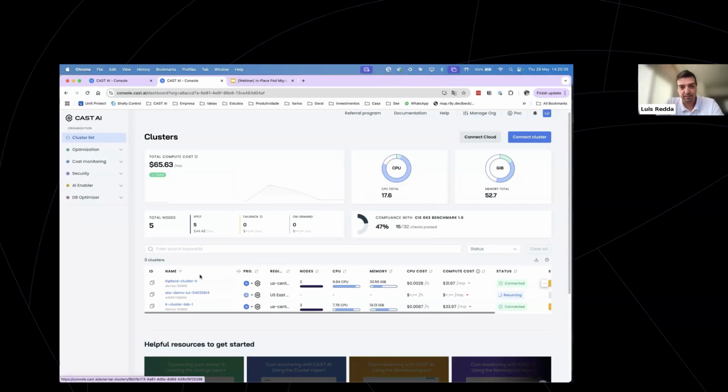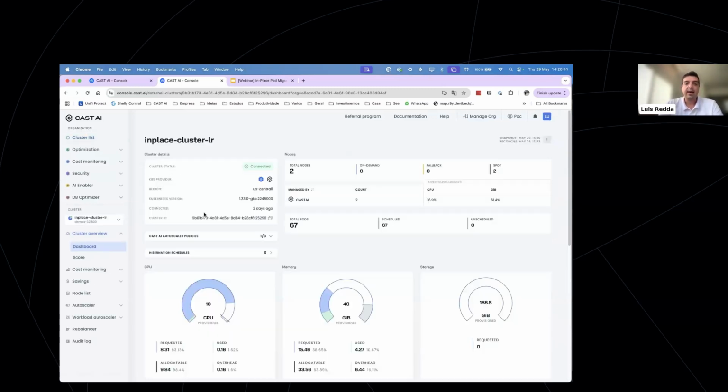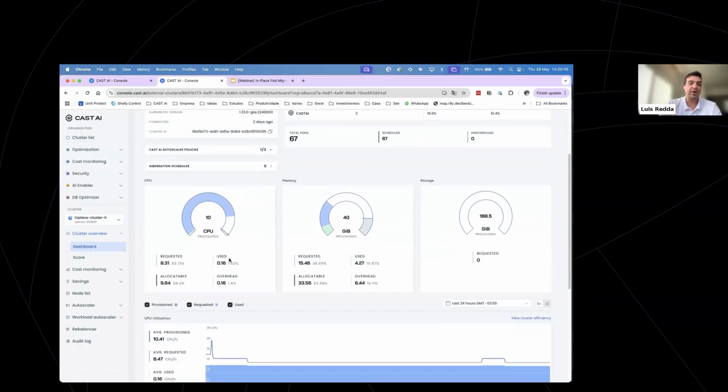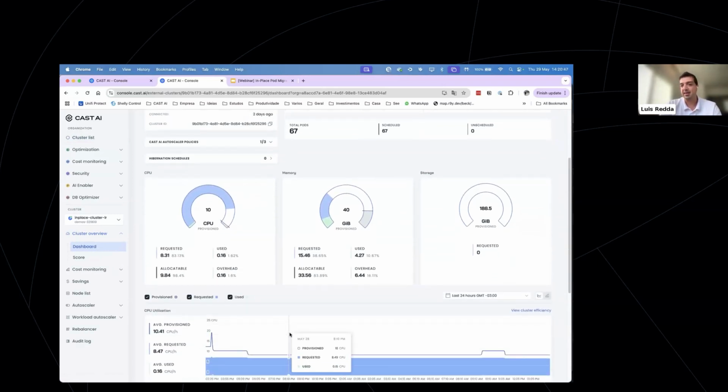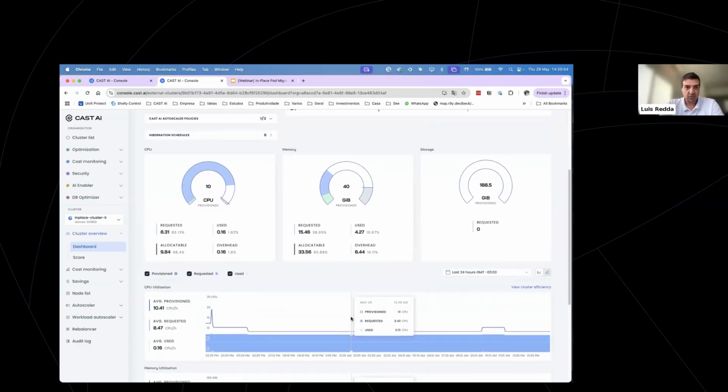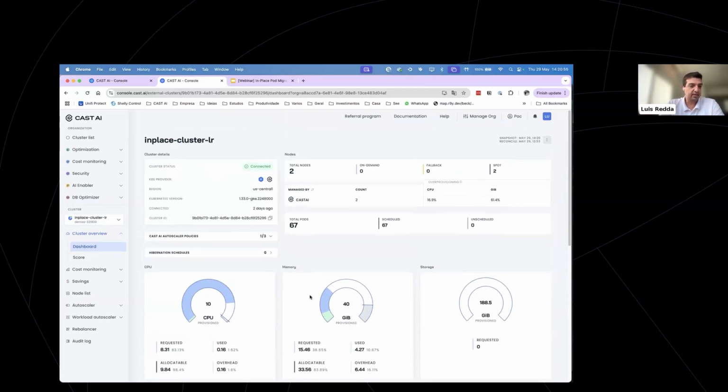I have here my GKE with 1.33. Here you can see all the metrics that we discussed today around provisioning, requests, the usage. So you can see all this over provisioning in real time, right? And specifically about workload autoscaler, that's the main point for today.